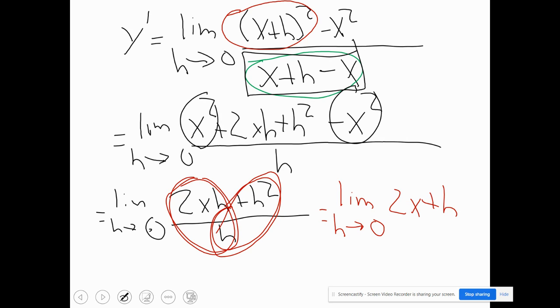And now you can plug in h equals 0. What you're left with is y prime equals 2x. That is your slope formula. That is the equation that would tell you the slope anywhere along the curve y equals x squared.